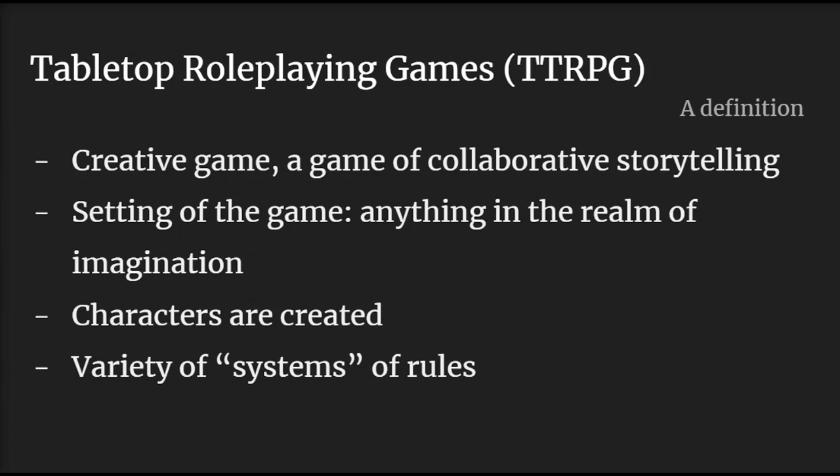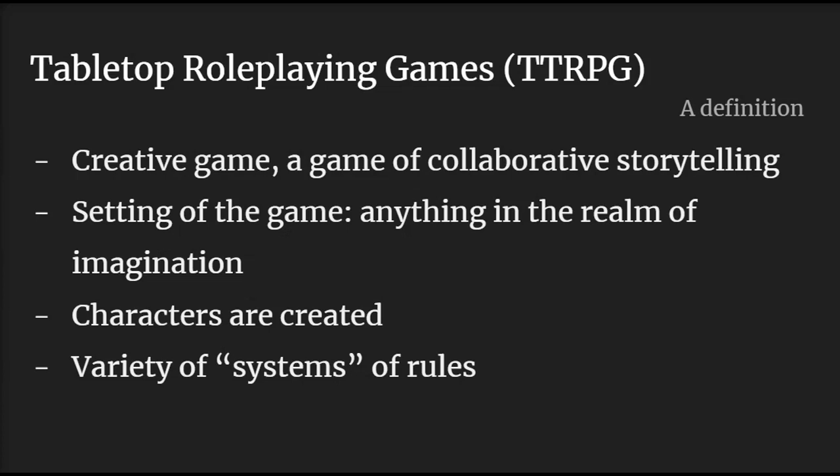So a gaming system gives a broader setting and a broader rule system to the game to guide players and their game master or dungeon master through the game itself, since it is based a lot on collaborative storytelling, imagination, and generally speaking, all players involved, including the dungeon master or game master, are making this up as they go along.